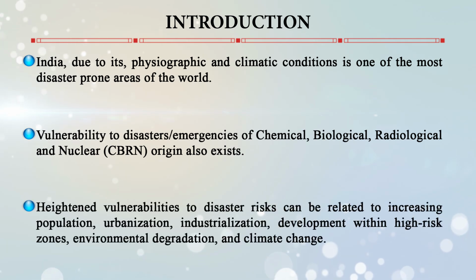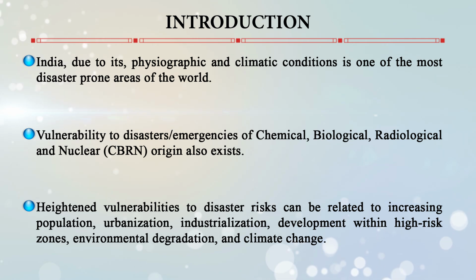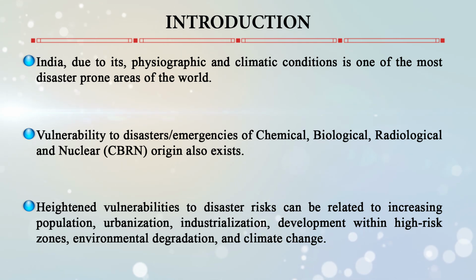There are heightened vulnerabilities to disaster risk, related to increasing population, because we are reaching a very high population in the whole world, increased urbanization, industrialization, and development within high risk zones, for example in the coastal areas. Then environmental degradation: we are deforesting many forested lands and using them for our own purposes. And then climate change. All these are making the country more vulnerable to natural hazards as well as disasters.